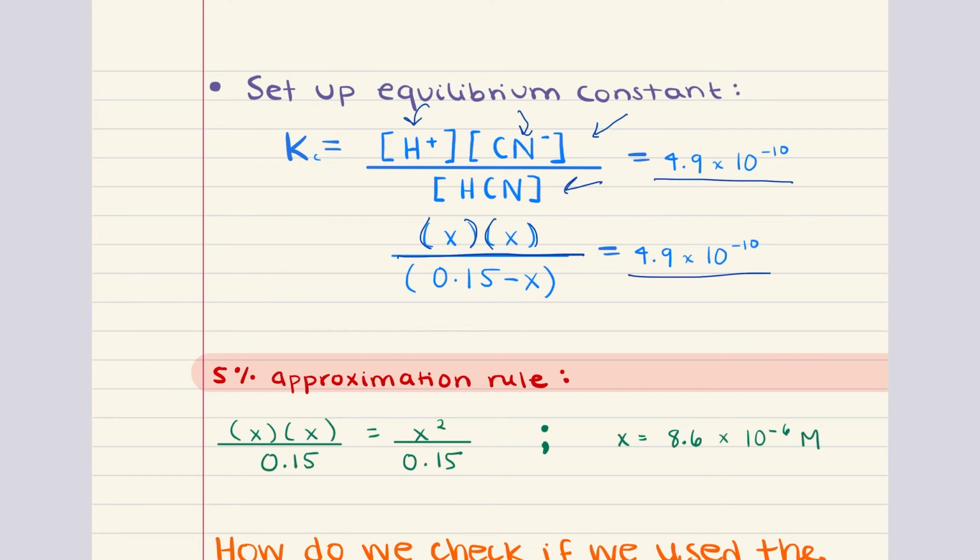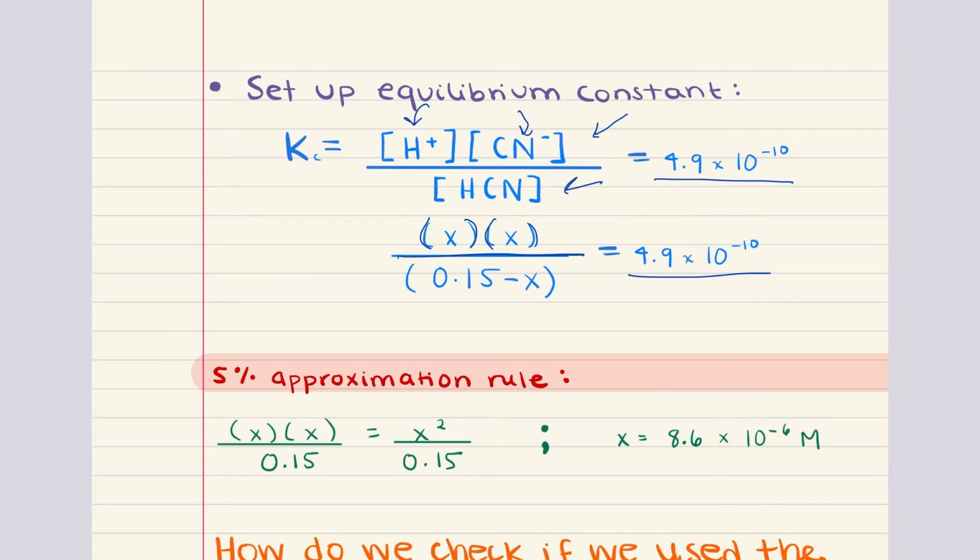Now here, I want to revisit our discussion on the 5% approximation rule. I'm going to reiterate what I said earlier and then talk through whether we can make this approximation for this particular problem. This rule states that if the change in concentration X is less than 5% of the initial concentration, then X is negligible.